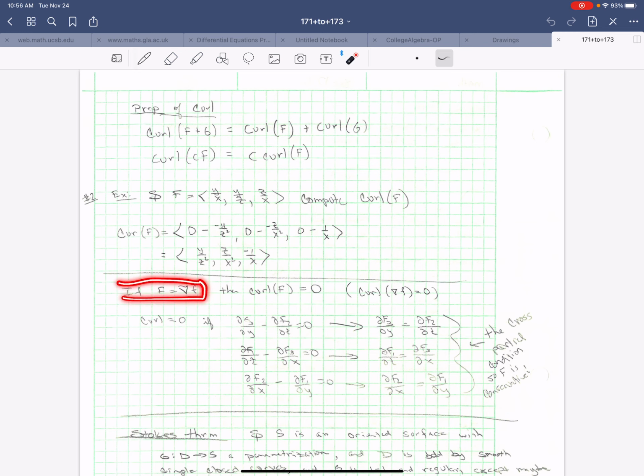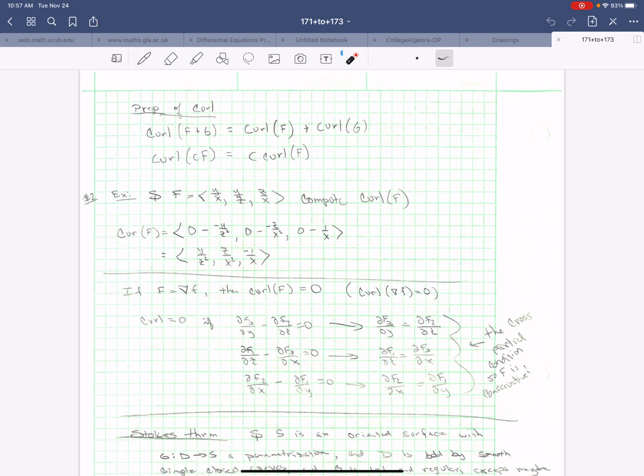This is a shorthand notation of saying that if the vector field is conservative, so remember, if the vector field is the gradient field of a potential function, then that means the vector field itself is what we call a conservative vector field. And in a conservative vector field, there is no tendency to curl. And so that's kind of a cool fact.